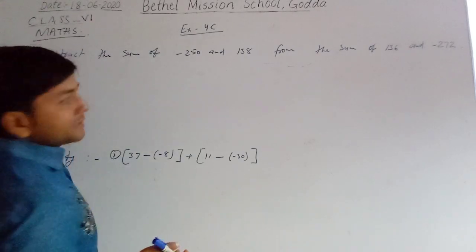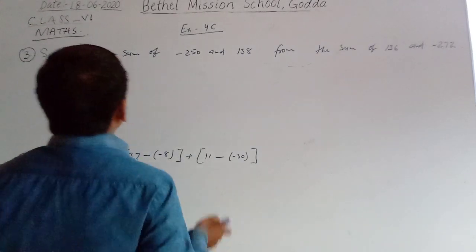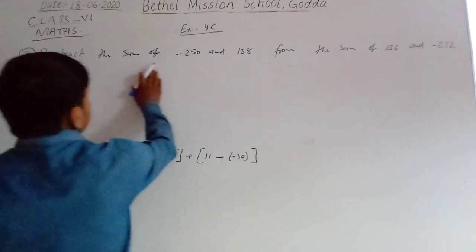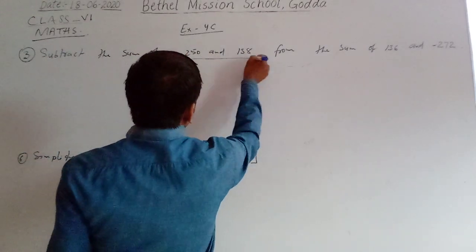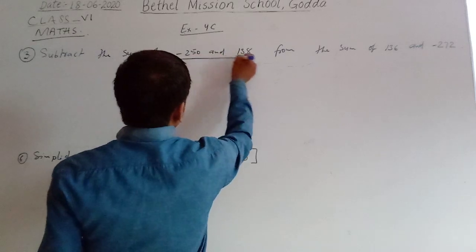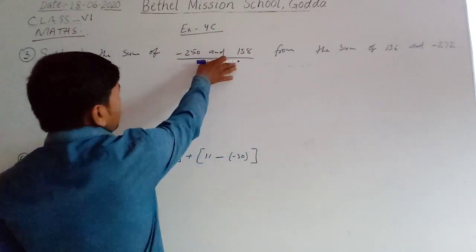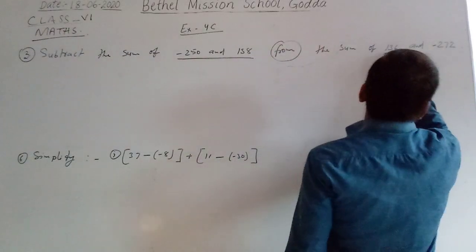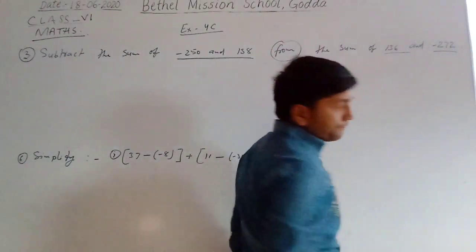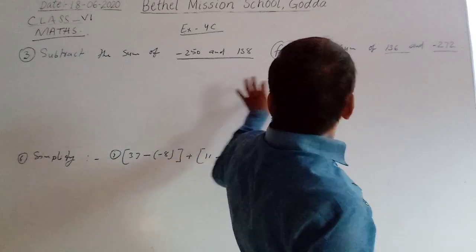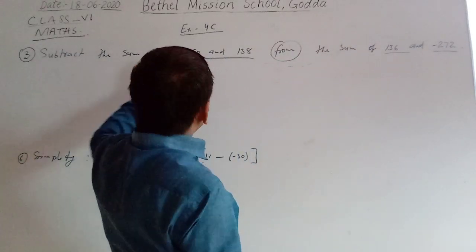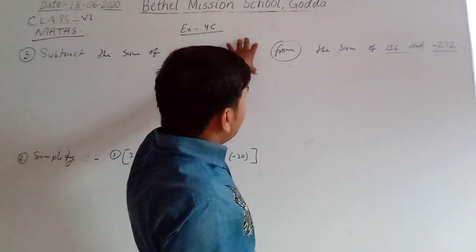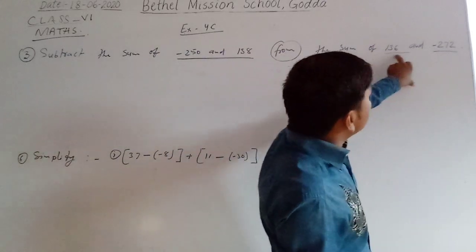Now I solve the third number question. The third question says that subtract the sum of this and this. We have to subtract. First we will add this one, and we have to subtract from the sum of this and this. Once again, subtract the sum of this and this number from the sum of this and this.